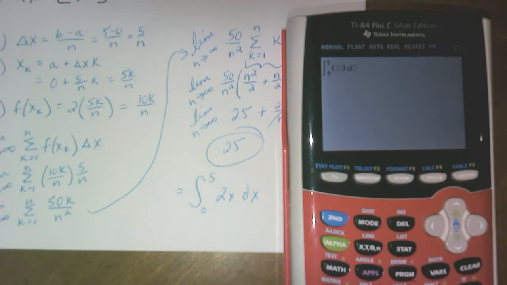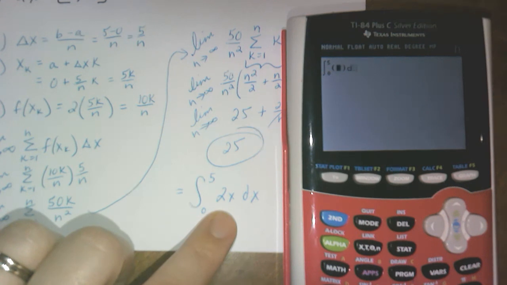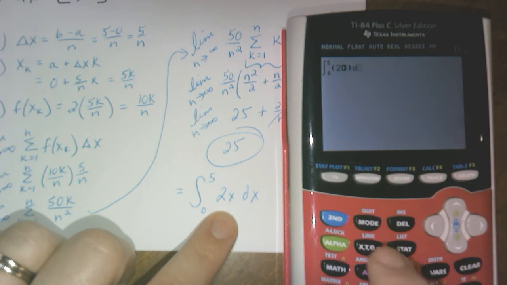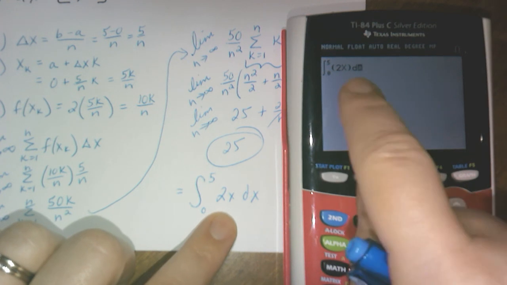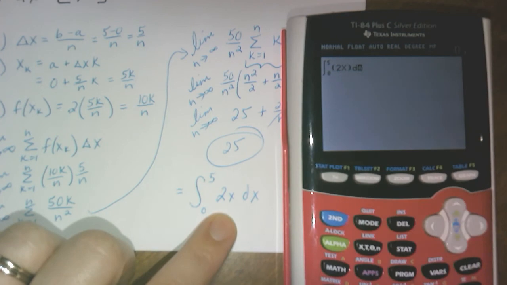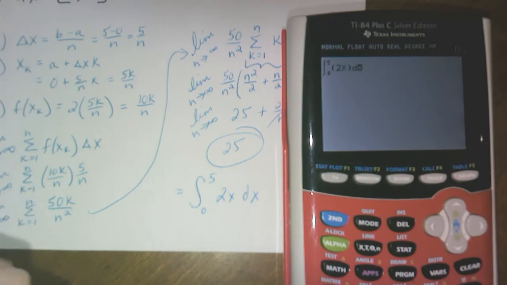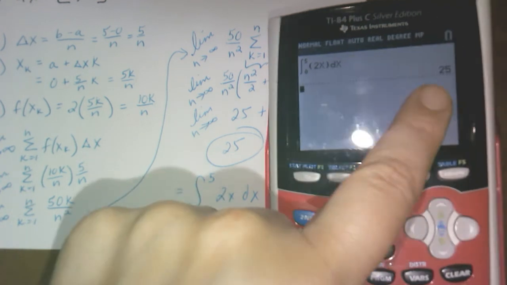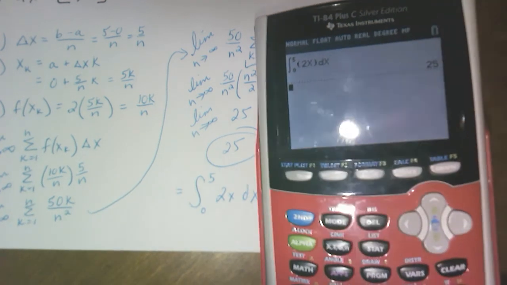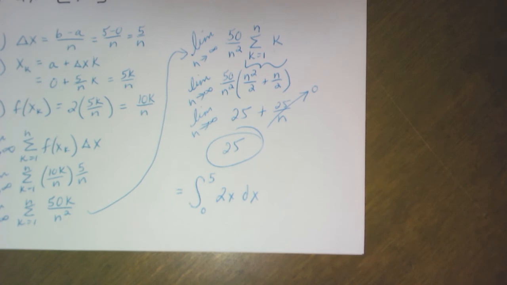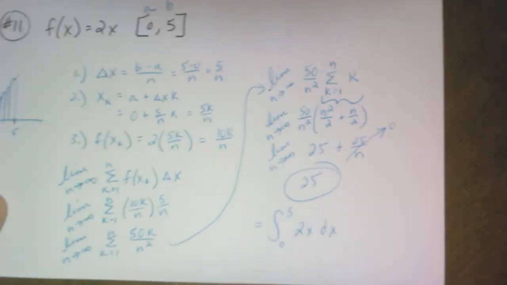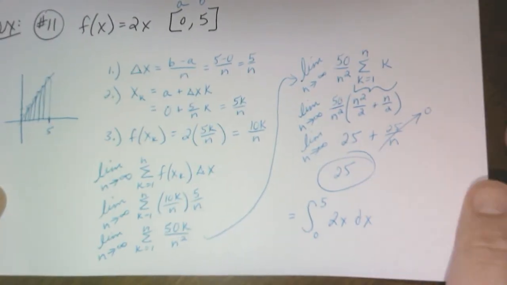Inside the parentheses, you're going to put your definite integral function, f of x, which is 2x. And then it's going to leave you with d-something. Well, we're doing this with respect to x. 25, everybody. You know you did it right. All right? Pretty simple. Obviously, that's a simple one.